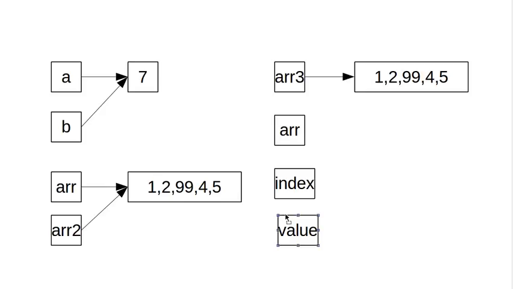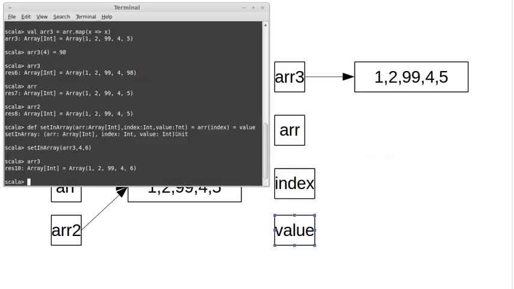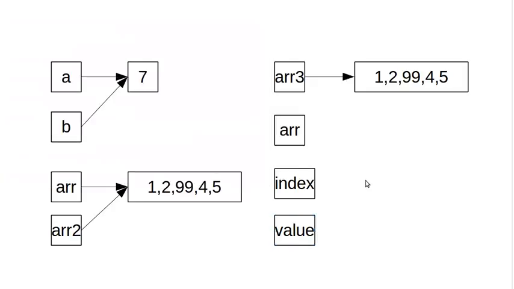These are our 3 variables that are declared inside of that function, and what happens with them? Well, the index and value wind up being references to objects with the values of 4 and 6, and we will draw their little arrows in place.